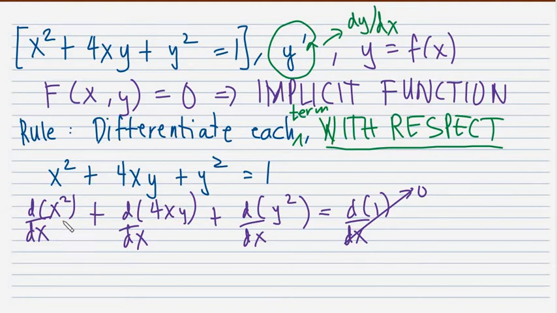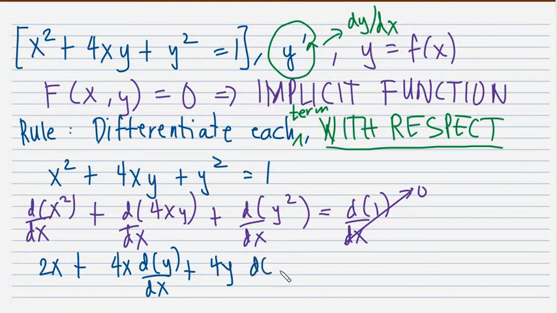So if we get the derivative now, x squared is 2x with respect to x, plus this is 4x times y, a product, so we'll apply the product rule: 4x times the derivative of y with respect to x, plus 4y times the derivative of x with respect to x.